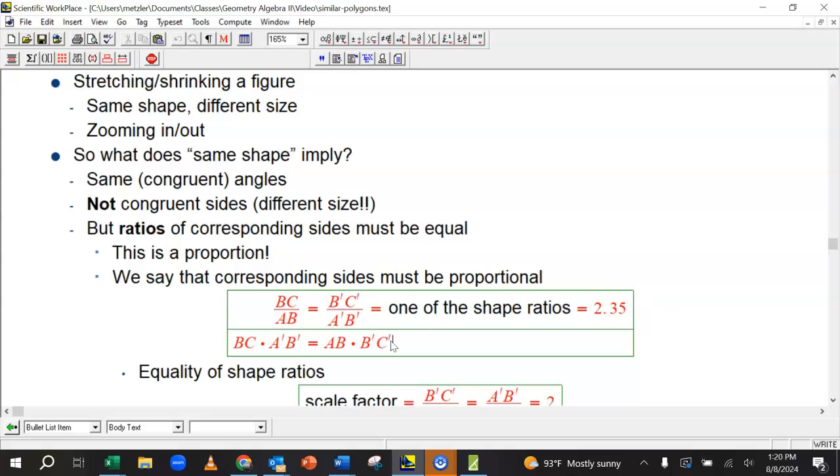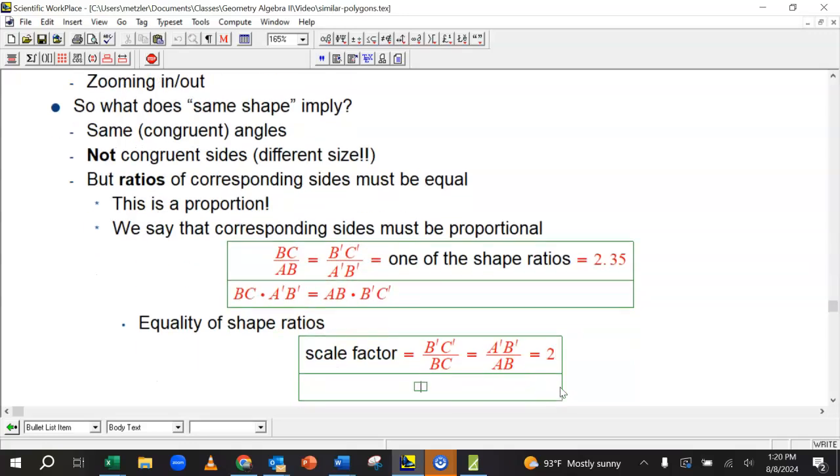That's the equivalent form multiplied out, and this has exactly the same equivalent form. If I just cross multiply, I get AB times B prime C prime. It just shows up in a different order, equals BC times A prime B prime. Yeah, so all 4 of these are just equivalent statements.